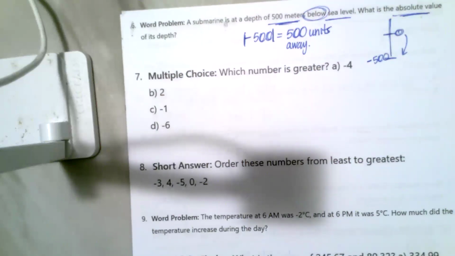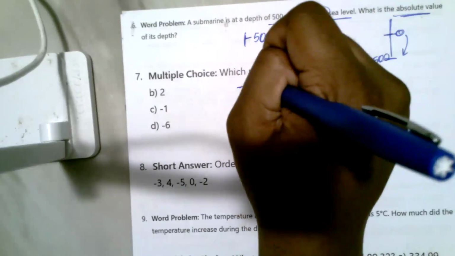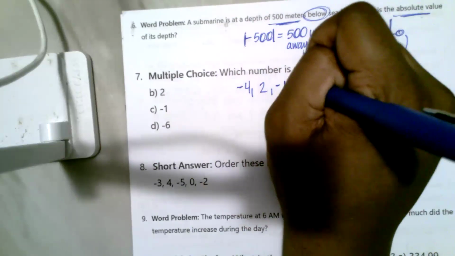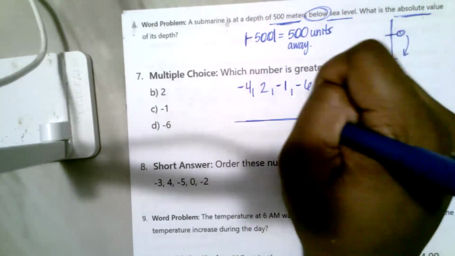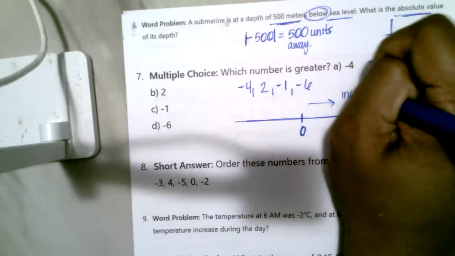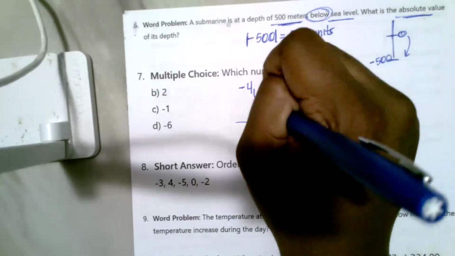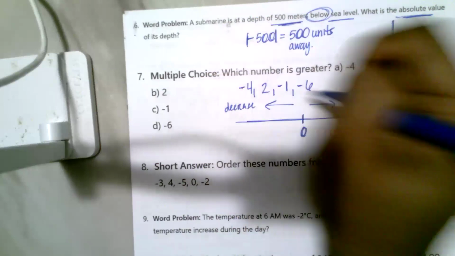Which number is greater? Negative 4, 2, negative 1, and negative 6. So I'll write the numbers down. Negative 4, positive 2, negative 1, and negative 6. So we have a number line right here. We have 0. Numbers increase to the right and decrease to the left.